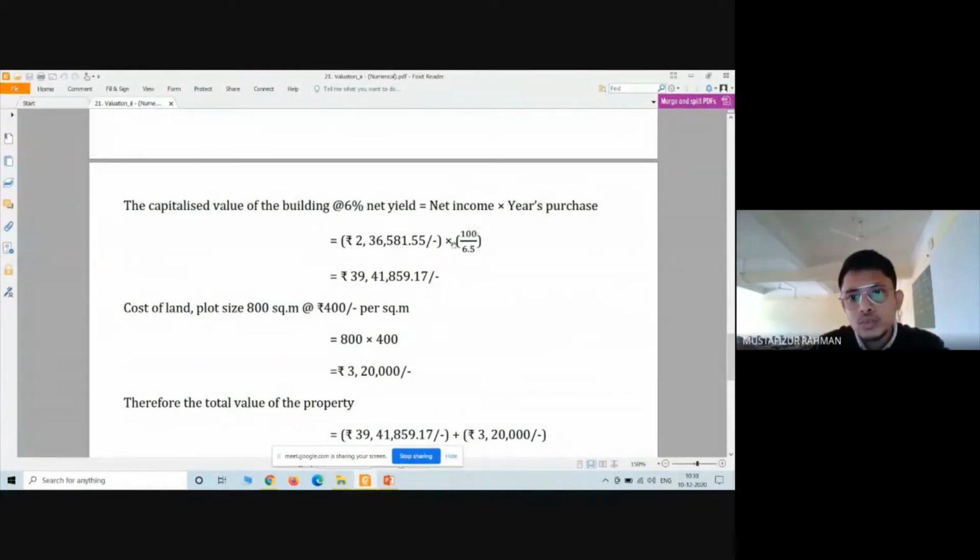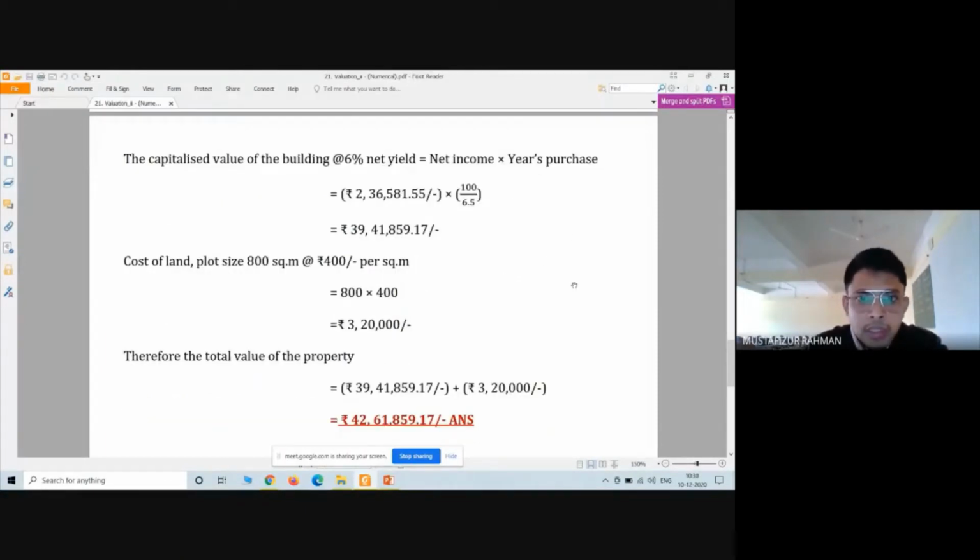For rupees 1, I have to keep years purchase. To get 2,36,000, I shall have to keep 39 lakhs. That 39 lakhs 41,000 is the capitalized value of the building. If the building is giving me this much earning, it is almost equivalent to having 39 lakhs 41,000 in the bank, giving me the same amount as interest. So this is the capitalized value of the building.